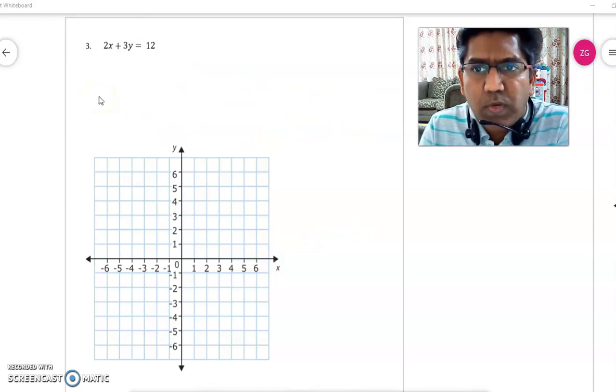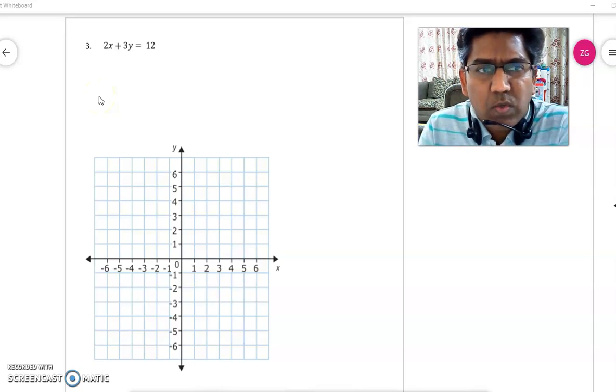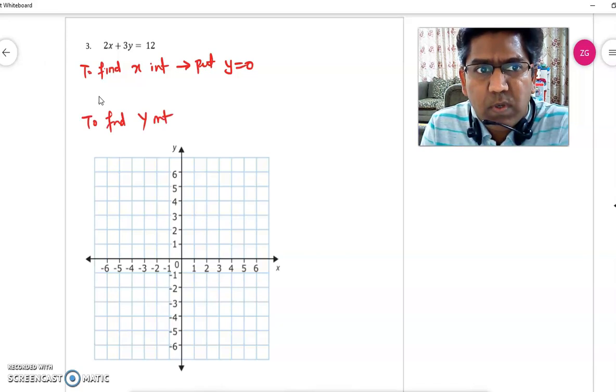Now what we'll do is we'll try to find the x-intercept and y-intercept. Now we know that when you want to find the x-intercept, you will put y equal to 0 in the equation. To find x-intercept, you put y equal to 0, and similarly to find y-intercept, we will put x equal to 0.